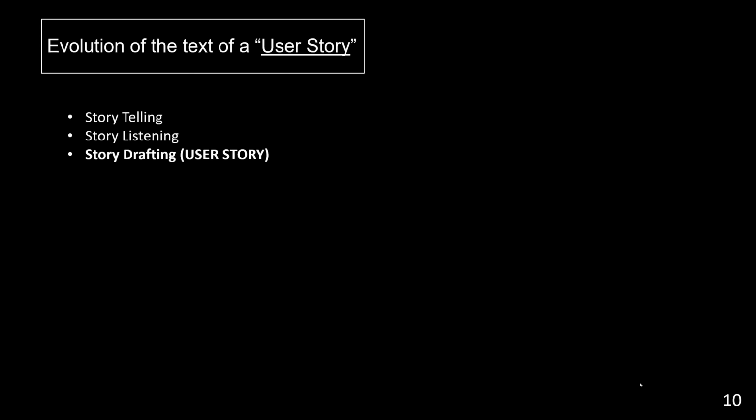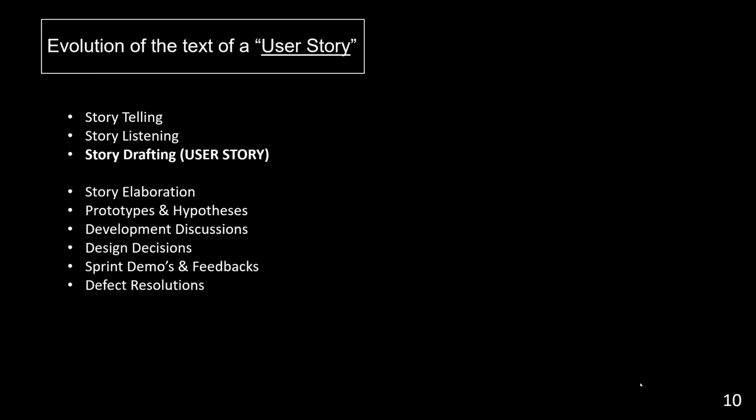Events that update our user stories, for example, are not limited to making a prototype, elimination of some hypothesis, development discussions that change one or other algorithms, design decisions that change the UI, feedback from business during sprint demo that is implemented, defect resolution, and its consequences.